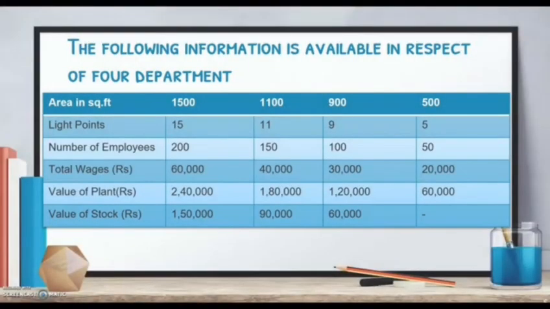This is the additional information given in respect of the 4 departments: the area and light points, number of employees and total wages, value of the plants and value of the stock. Let us see how we are going to solve this problem using this information.